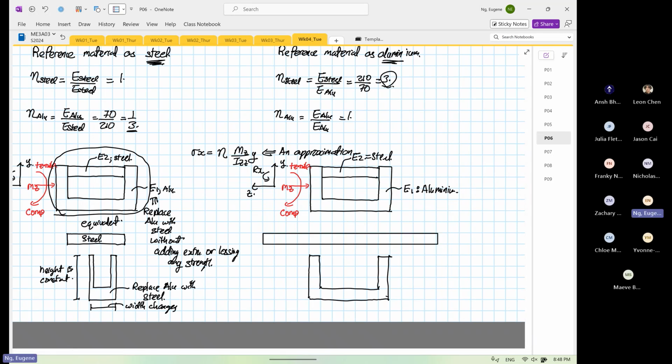Now this has been replaced with aluminum, and this is also aluminum. It makes sense, right? If the top part is steel and you want to change to aluminum without any increase or decrease in strength, you have to increase the geometry.